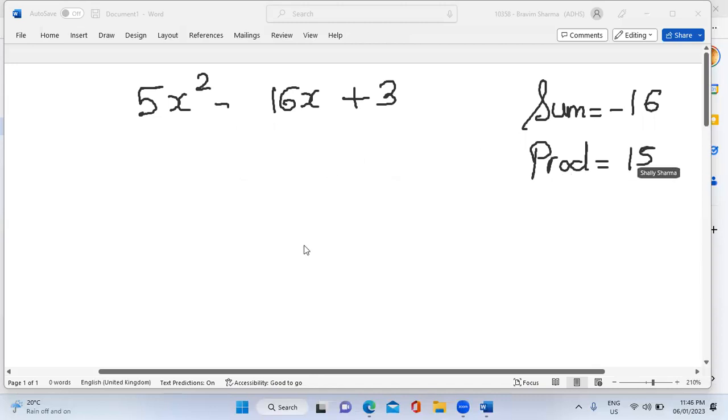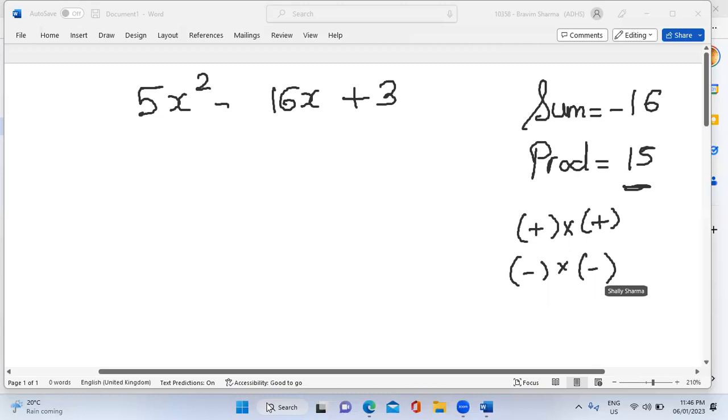The important thing is that we have the sum as a negative value and the product is positive. The product is positive if you are multiplying two positive numbers or two negative numbers. But if you use two positive numbers, then the sum can never be negative. So that means the two numbers should both be negative.